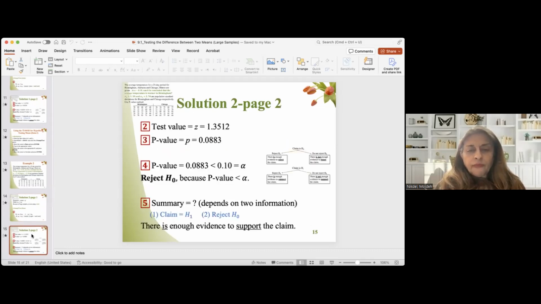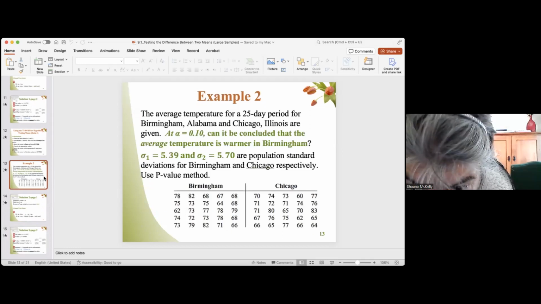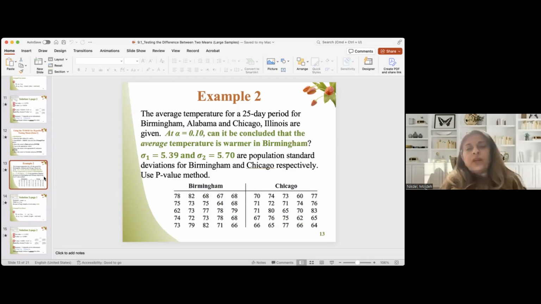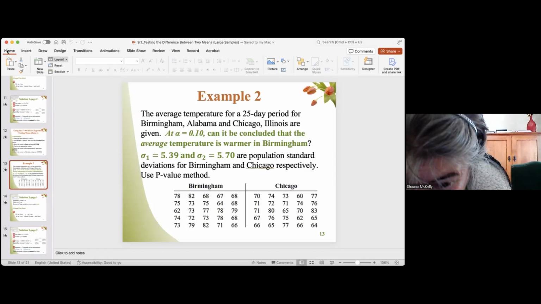I don't have the numbers, you didn't provide the summary statistics. Okay, let me just do that. Shauna, can you read this number? I need somebody to read these numbers for me. I have to pull down the slide right now.